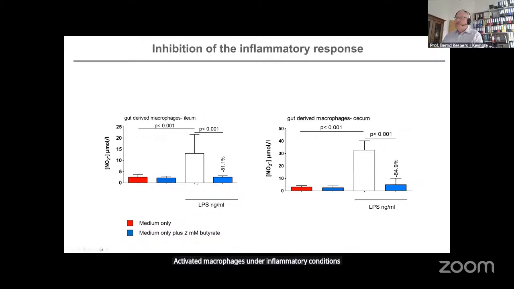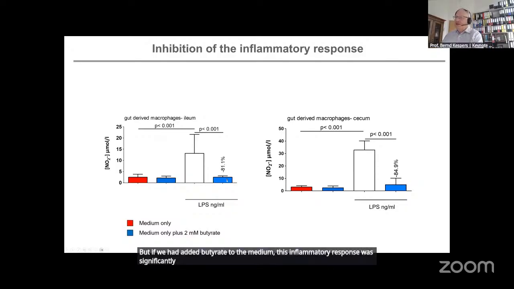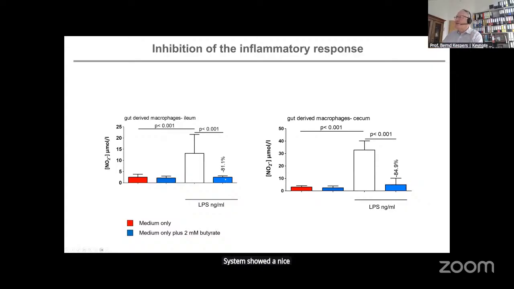And you can see that here, if we added lipopolysaccharide, they produce huge amounts of this highly toxic metabolite. But if we had added butyrate to the medium, this inflammatory response was significantly inhibited. So butyrate in this system showed a nice anti-inflammatory effect on these tissue macrophages.